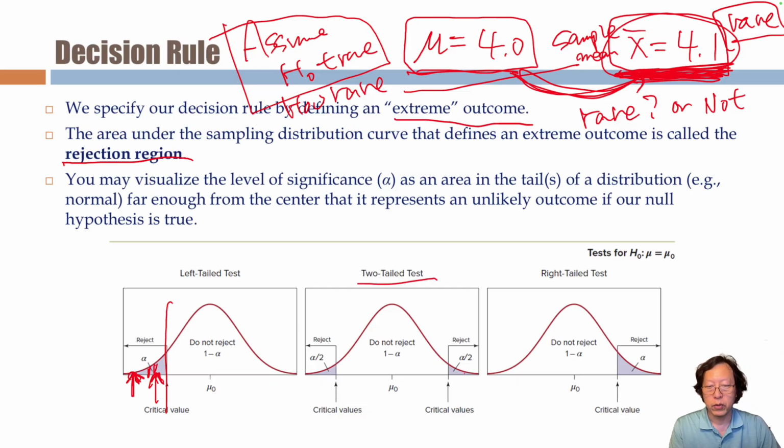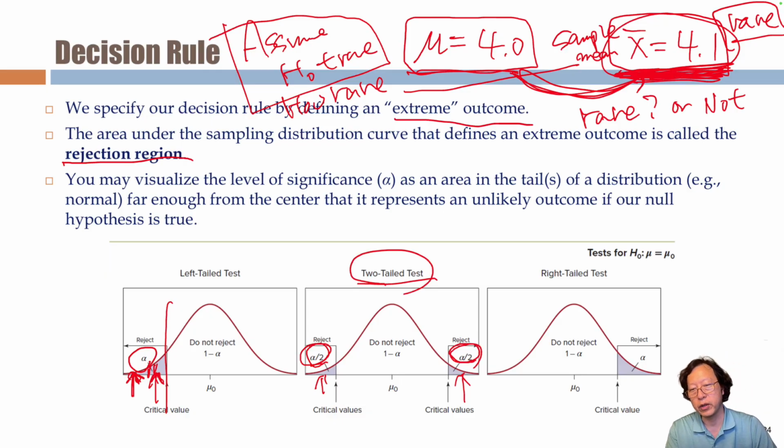A two-tailed test considers both smaller and bigger sides. However, the significance level is divided in half, which is why the probability or significance level will be different in the two-tailed test. The right tail test is about whether it's really bigger or not, so we only look at the right-hand side.